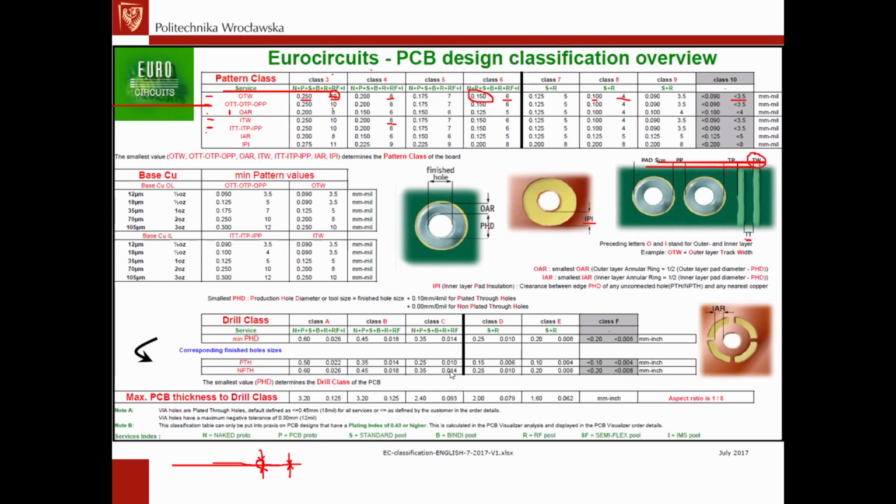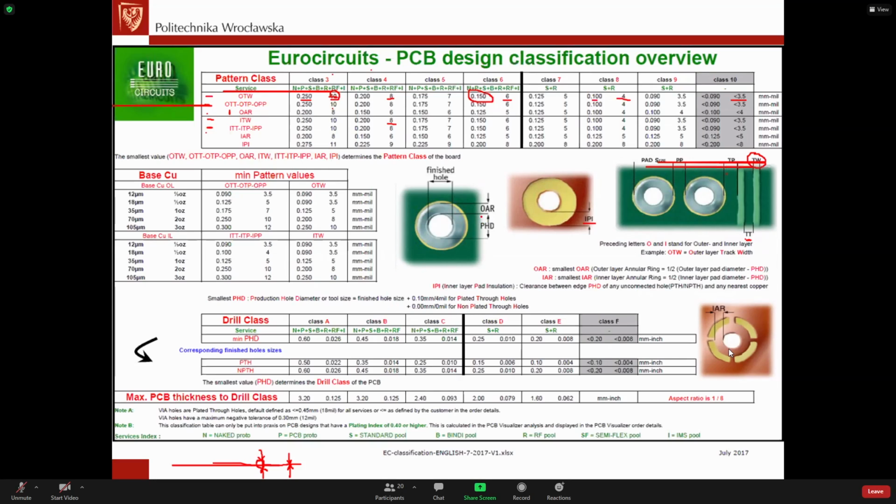This results from the fact that the via size, or the minimum hole size, because a via is actually a hole, is always PhD plus 2 times OAR.